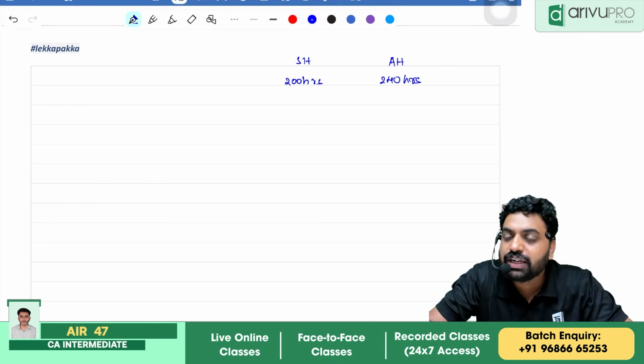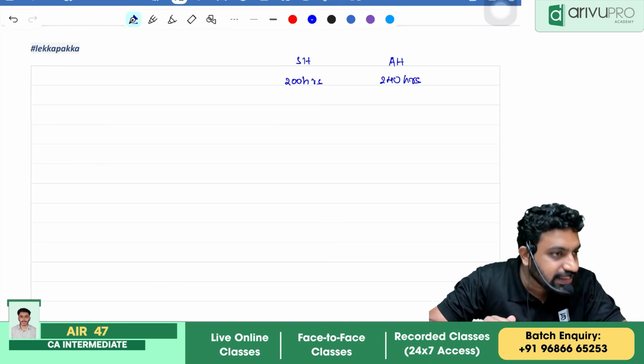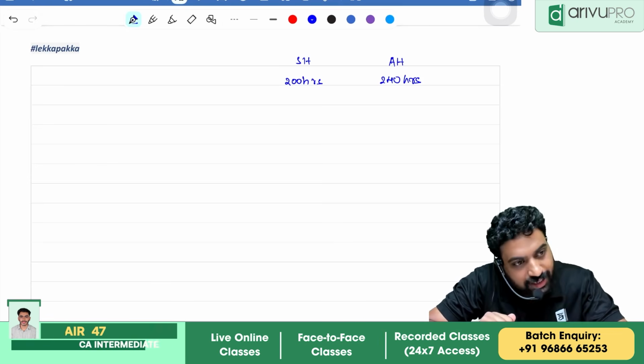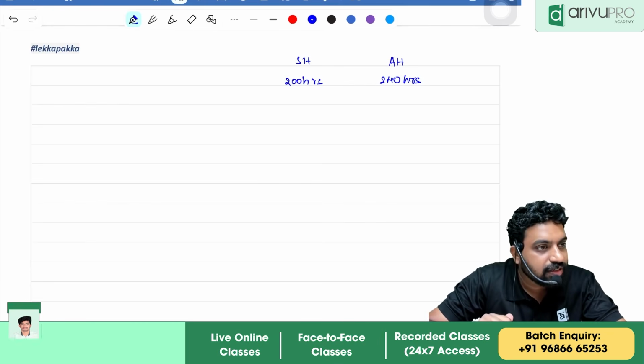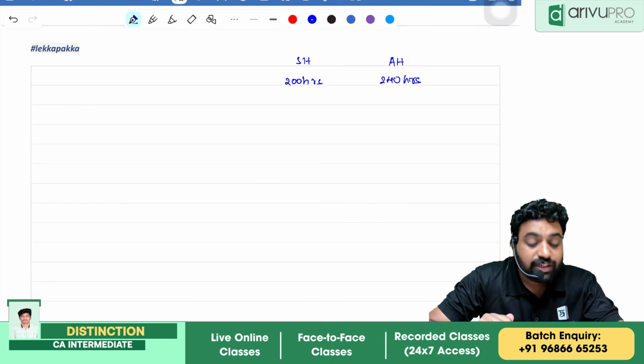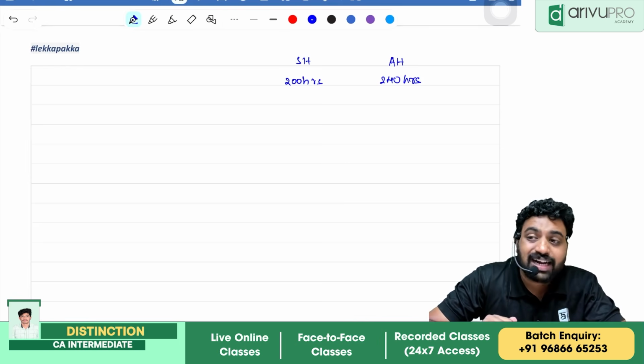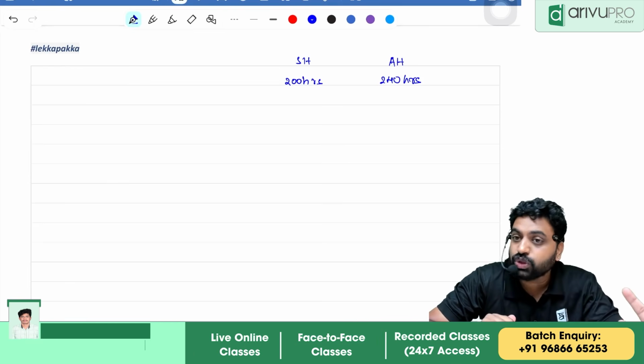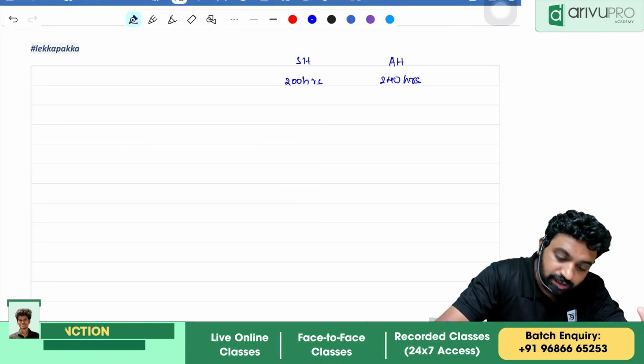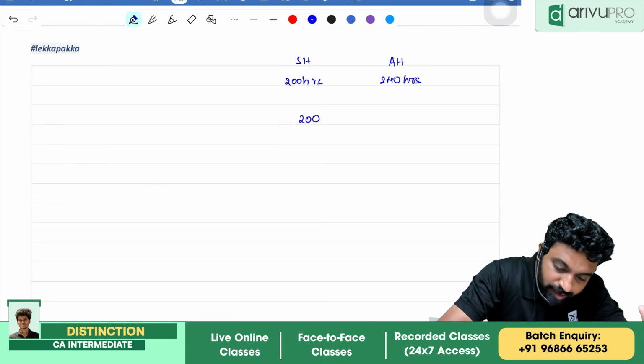Less, because you are not able to complete the work on time. That means your efficiency ratio percentage should be less than 100. To get less than 100 in any mathematical formula, the numerator should be smaller or the denominator should be bigger.